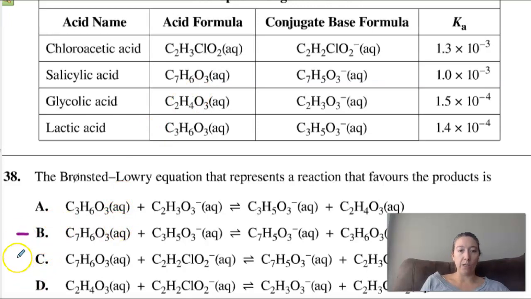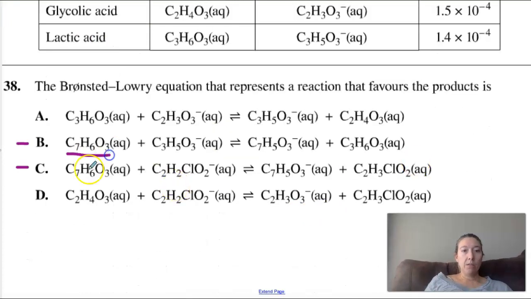So we're looking at this one and this one. For it to favor products, we need to have it paired with something that is weaker. So we look over on this side. Okay, so these were the acids on this side. When I look over on this side, the acid is going to be this one and this one.